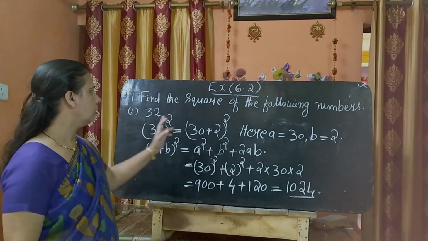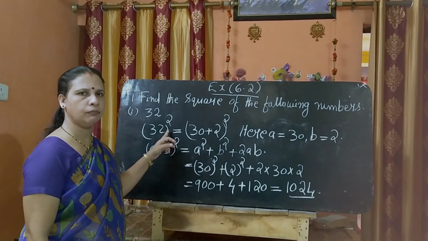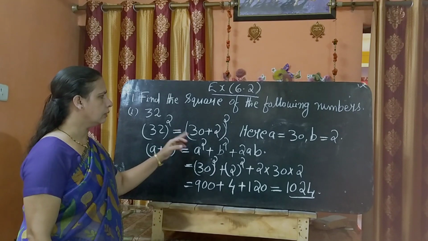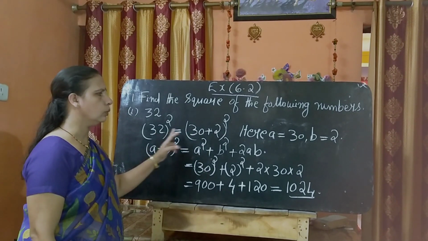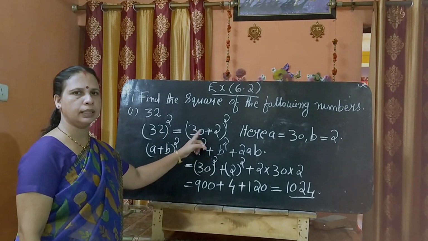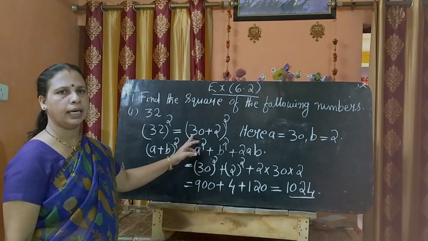Once more. Question is 32. We have to find out the square of this 32. 32 square equals, we are expanding 32, 30 plus 2. 32 square equals 30 plus 2 the whole square. After that we are using the identity.